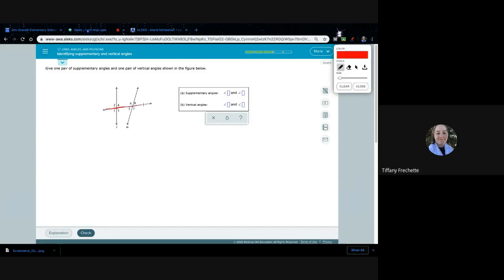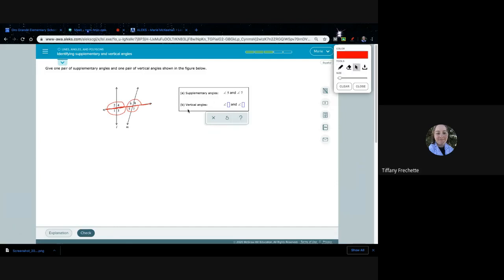So if I choose this one, this is my line. Remember, I can't say, oh, well, I'm going to grab 2 and 8. That doesn't work because they're not right next to each other. I have to jump over 4 and 6 to get there. So I can do 2 and 4 or 6 and 8 or 1 and 3 or 5 and 7. So I just have to choose one of my pairs. There's a ton of pairs, and those aren't all of them. There's actually more. So we're just making sure we understand we're choosing angles that are on a line together.